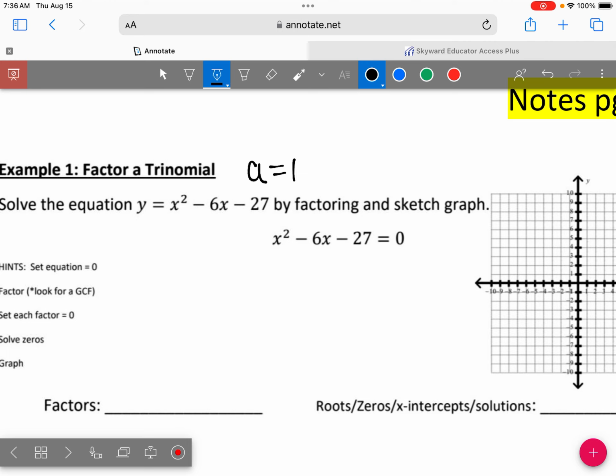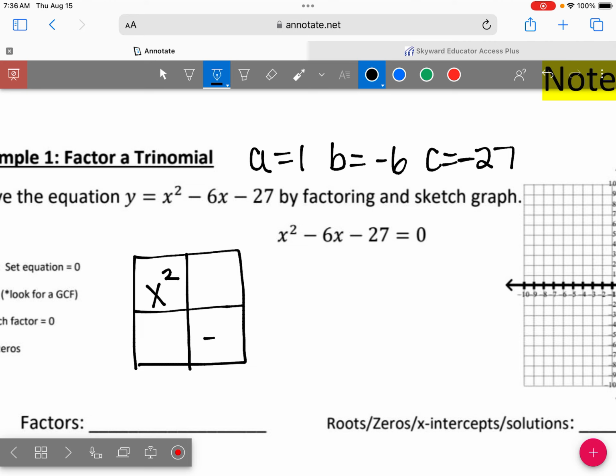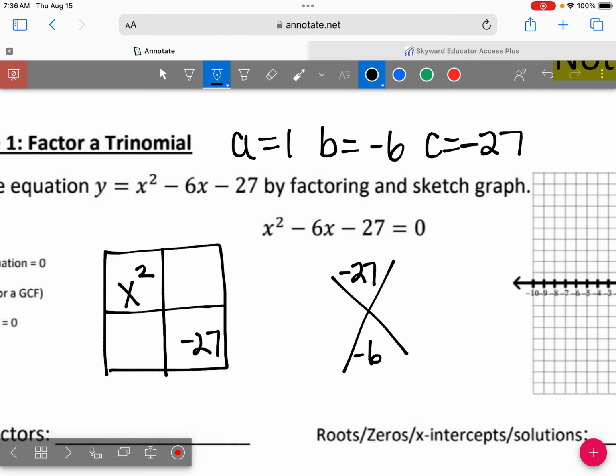So A is 1, B is -6, and C is -27. All right, don't say it out loud, but I want you to find your two numbers. They multiply to be -27 and add to -6.